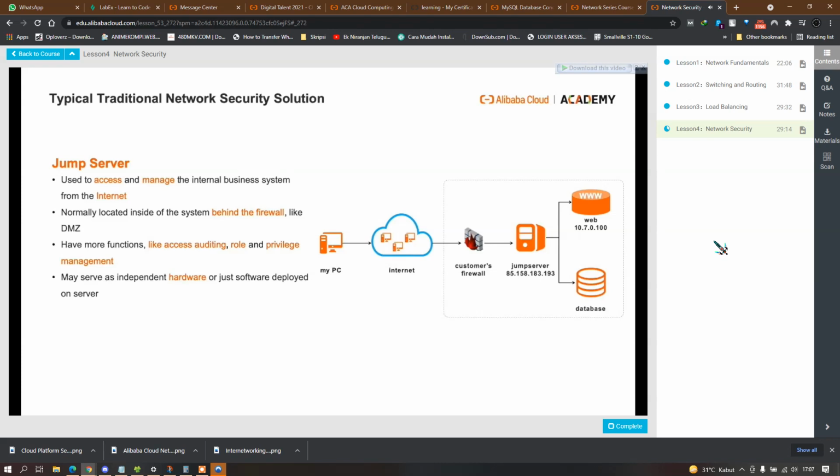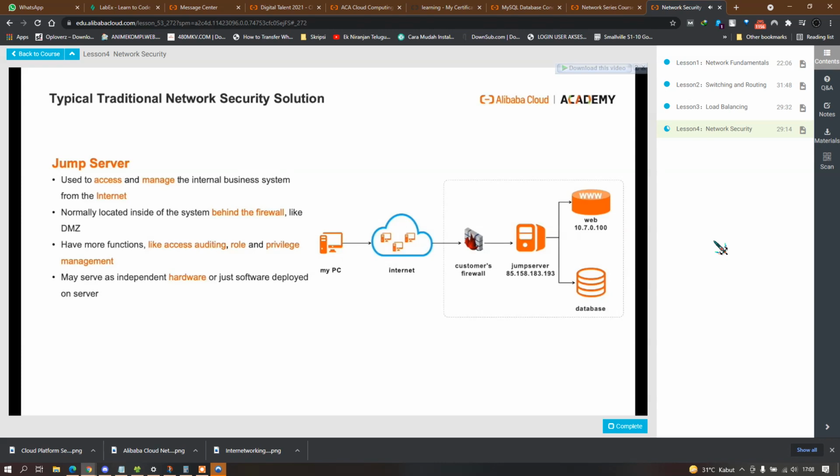So in this scenario, we have the Jump server, and we can just access the Jump server from the internet, and then from the Jump server, we can access all the rest of the servers in the internal network. So this is how the Jump server works. Normally, a Jump server is located inside the system behind the firewall.